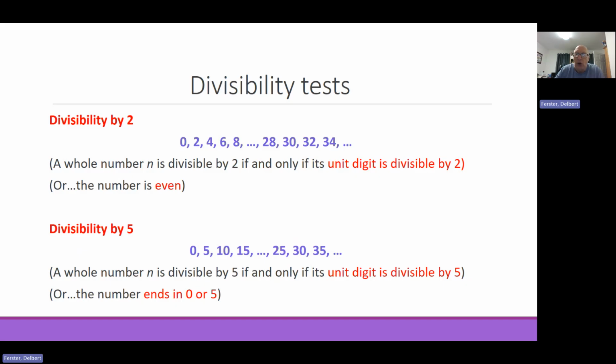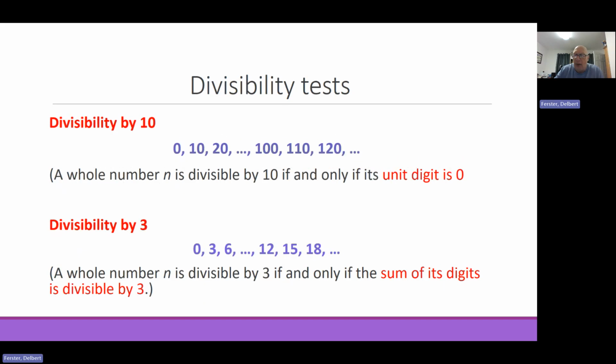That's the units digit, or the ones digit. As long as it's even, the given number would be divisible by 2. It's divisible by 5 if it ends in a 0 or a 5. So those are two you probably are well aware of.